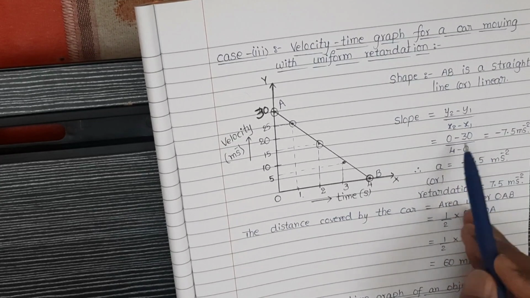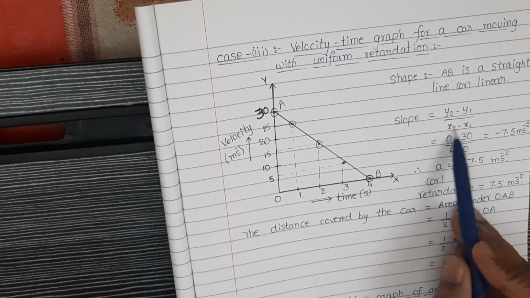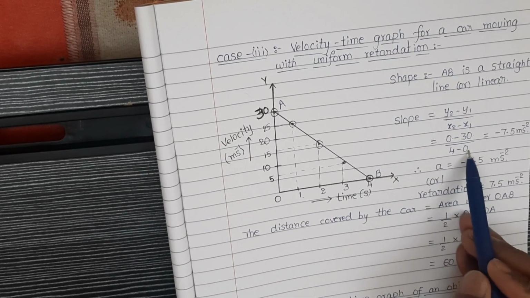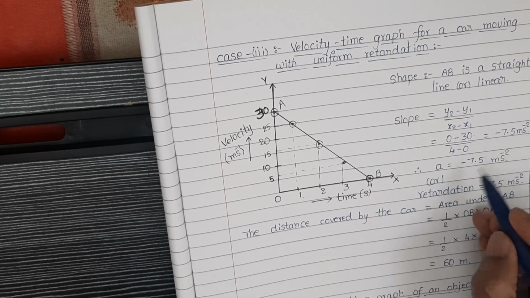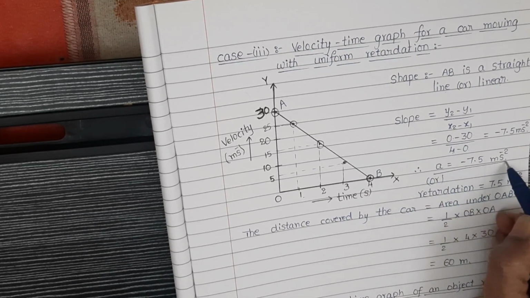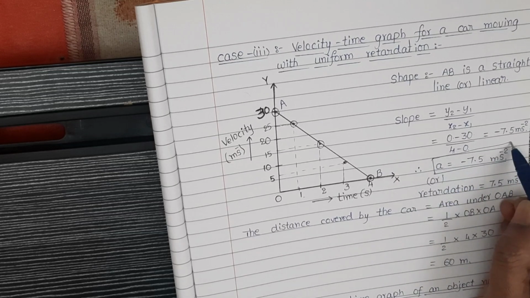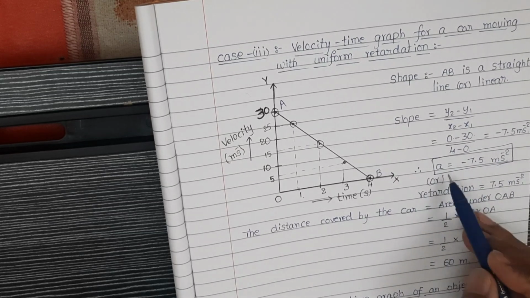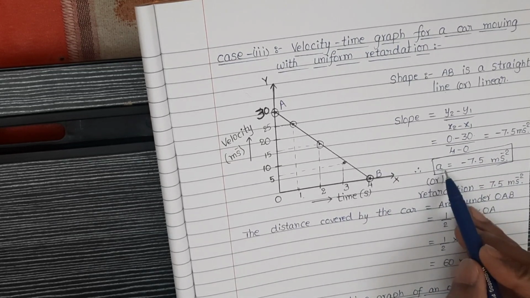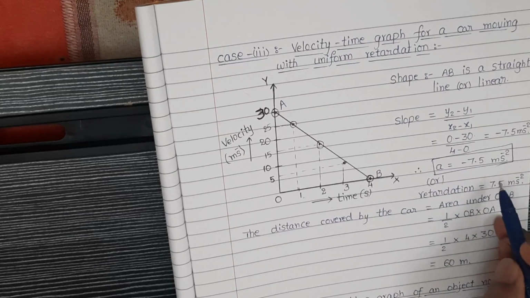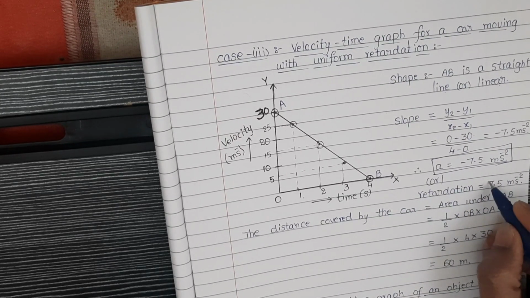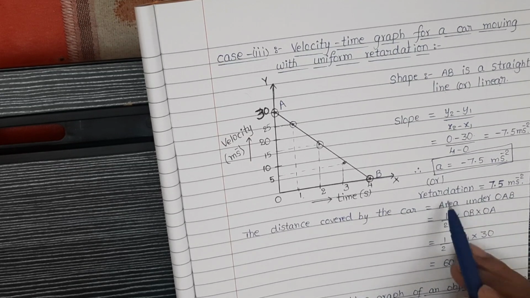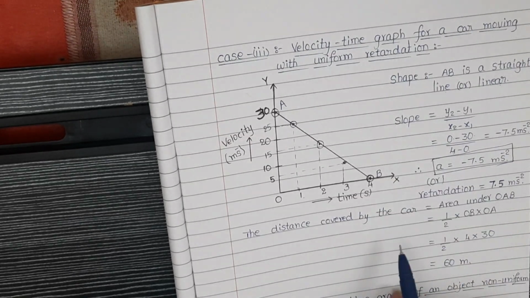So y2 minus y1, 0 minus 30 by the corresponding time values 4 minus 0. That will give us negative 30 by 4, which is minus 7.5 meter per second square. This is the acceleration we got, or retardation, which we always say without the negative sign, which is 7.5 meter per second square. This is the retardation of the car.